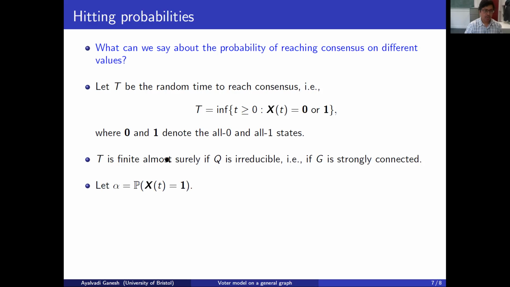It's finite almost surely. Let's define alpha to be the probability that we get absorbed in the all one state, meaning that the voter model hits the, or this should be a capital T, sorry, there's another typo. This is capital T. So alpha is the probability that at the stopping time we are in the all one state. And the only way to do that is if the voter model reaches the all one state before the all zero state.